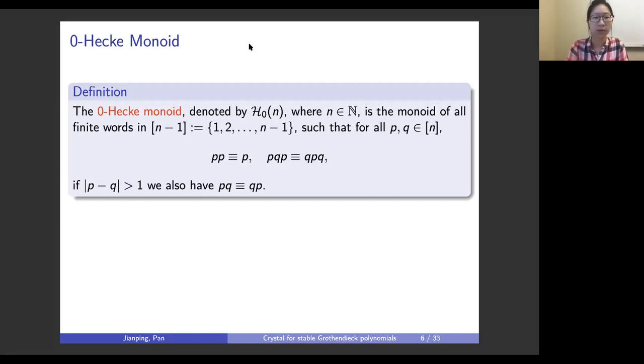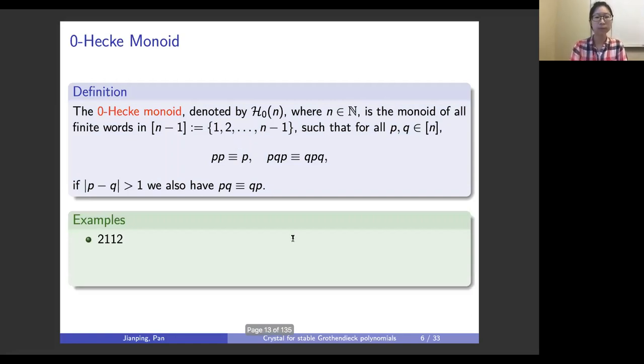So we can do some examples. If you have the word 2112, because each generator is idempotent, we can crush the two ones together and get 212. Or we can also apply a braid relation and get 121. The next one, 2121.